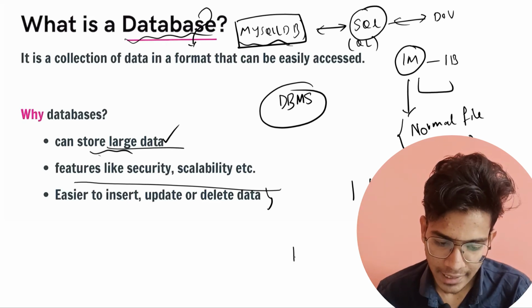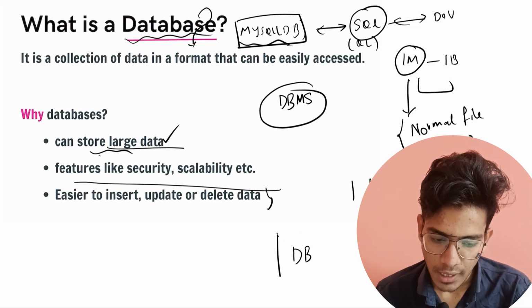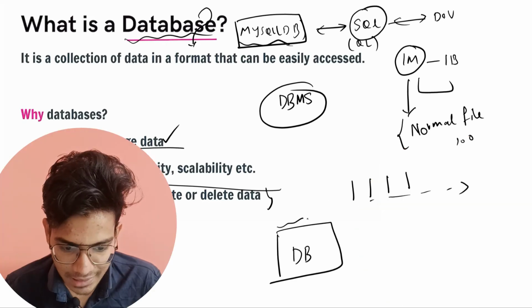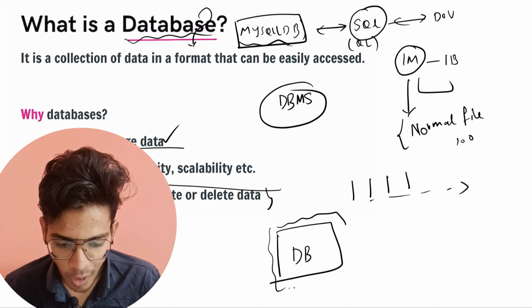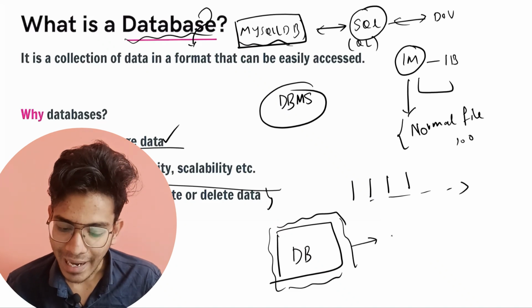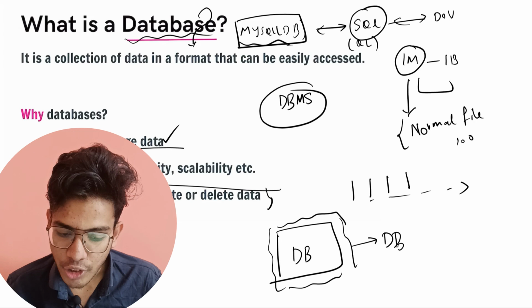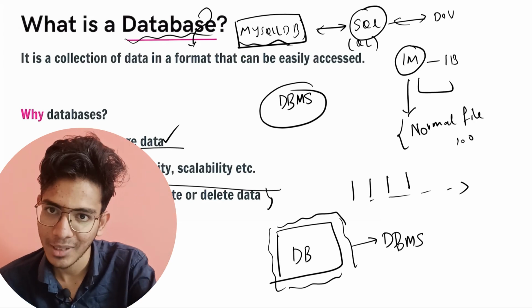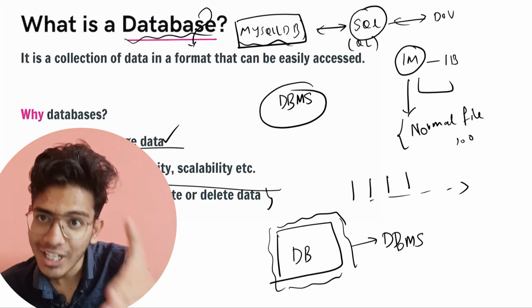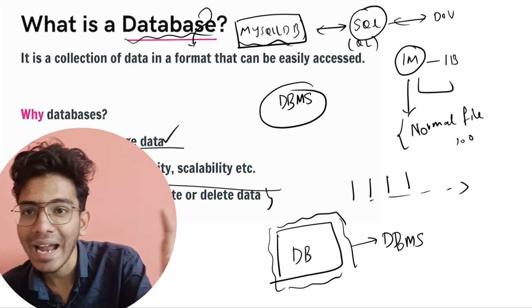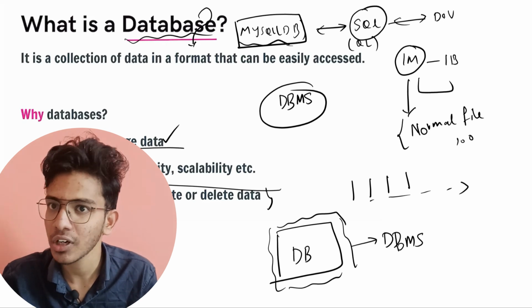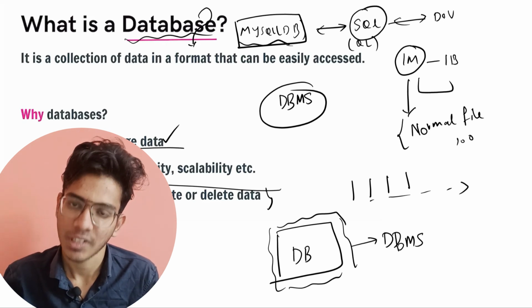If you imagine the database as a block, then on that block we will have an external layer called DBMS. And this DBMS ensures that whatever operations you are performing on that database get performed in a very smooth and clear, simple manner. So this is the only work of DBMS, right?